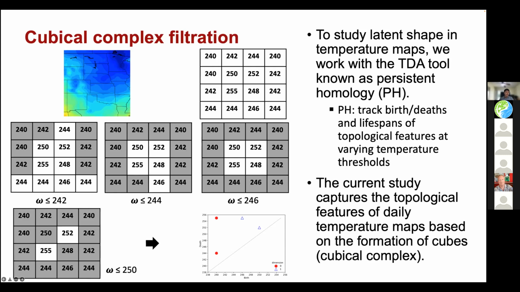And so the spatial pattern of these 16 gridded data is summarized on this persistent diagram.